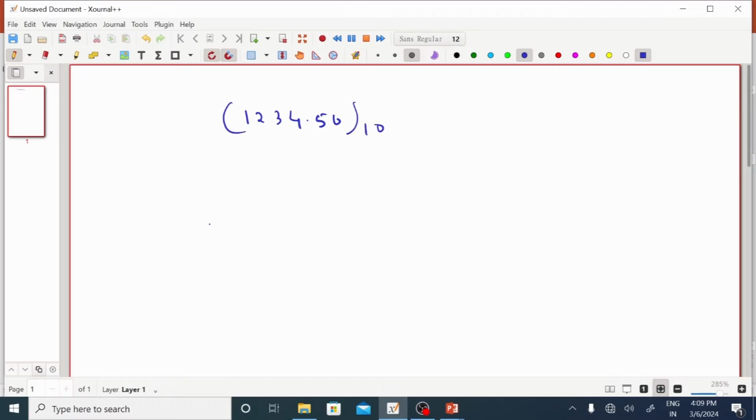This is a base 10 number system. This is the integer portion, and this is the fractional part. These are the digits; this is index 0. This digit is multiplied by the base to the power.